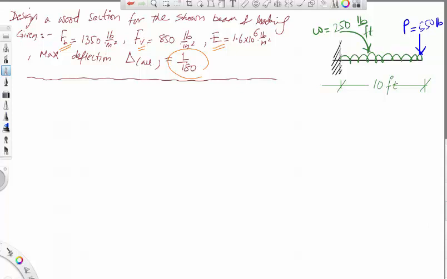So if you look at this example here, it says design a wood section for the following beam, case and loading.